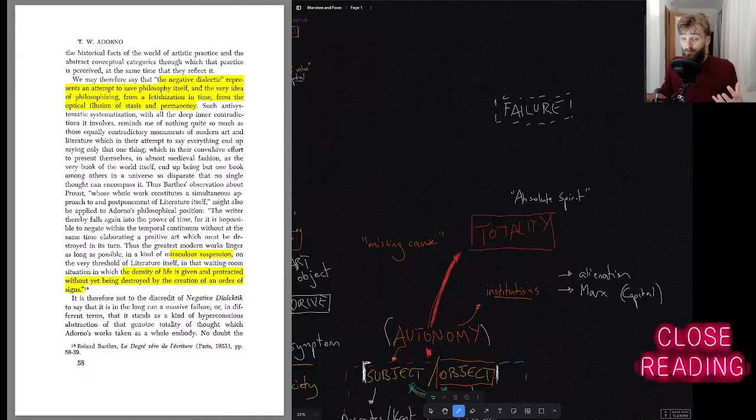This failure of Adorno and of dialectical thinking is what Jameson, here at the bottom of this page, calls a kind of miraculous suspension that takes place in all of the greatest modern works, right? And this might be a suspension in multiple senses.